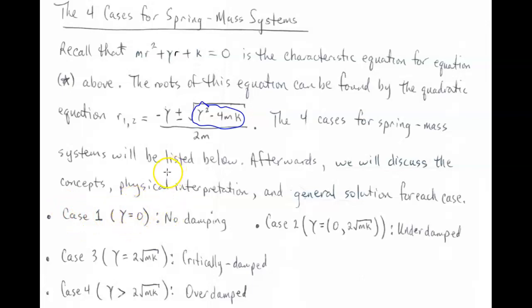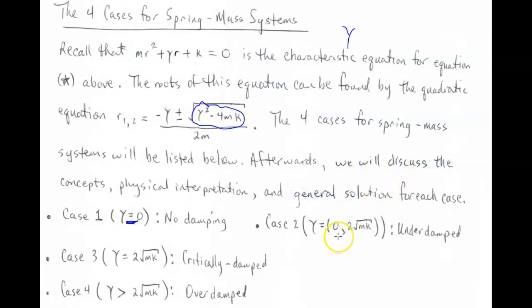The thing that directly affects the discriminant is our damping coefficient, gamma. So we're looking at case 1, when gamma is 0, meaning that there's no damping at all. Just imagine that we have a shock absorber that's literally made out of air, not anything compressed, no material. There's nothing in it.